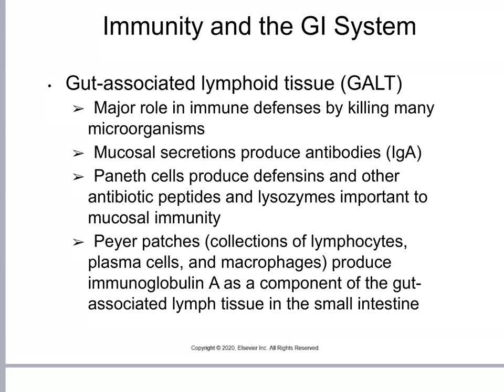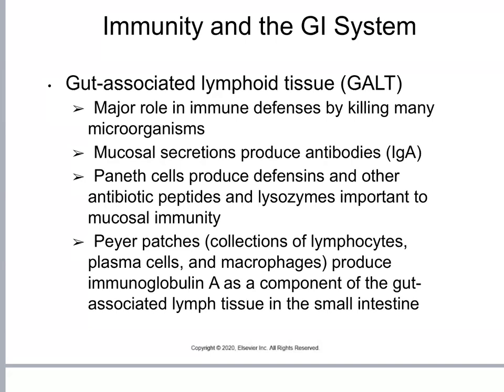The Peyer's patches that I was talking about are collections of lymphocytes, plasma cells, and macrophages. They produce the IgA as a component of that gut-associated lymphoid tissue, and that happens in the small intestine.